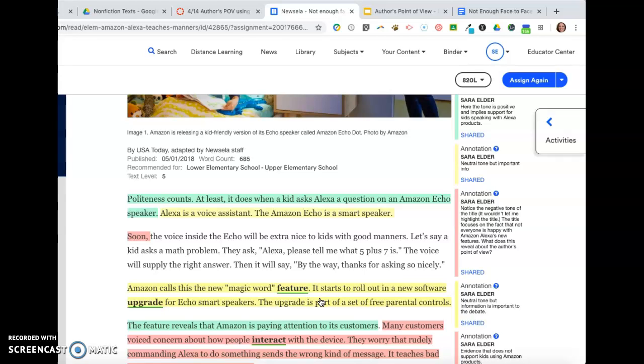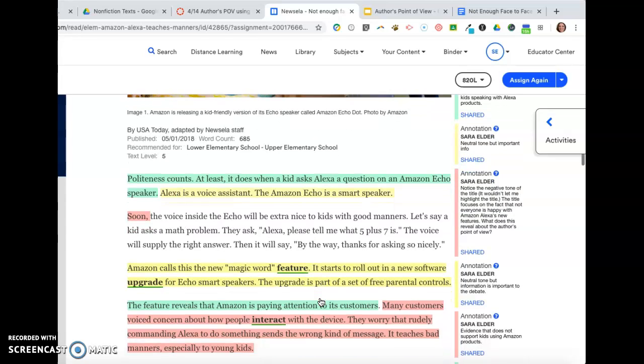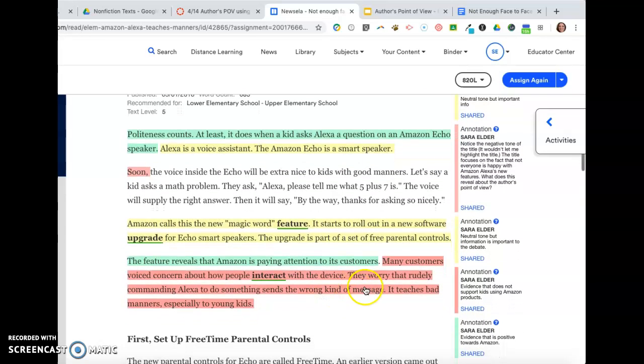So it was important information in order to understand the topic, but it didn't necessarily support or not support the topic. And then I highlighted text in red if it did not support kids' use of Alexa products.